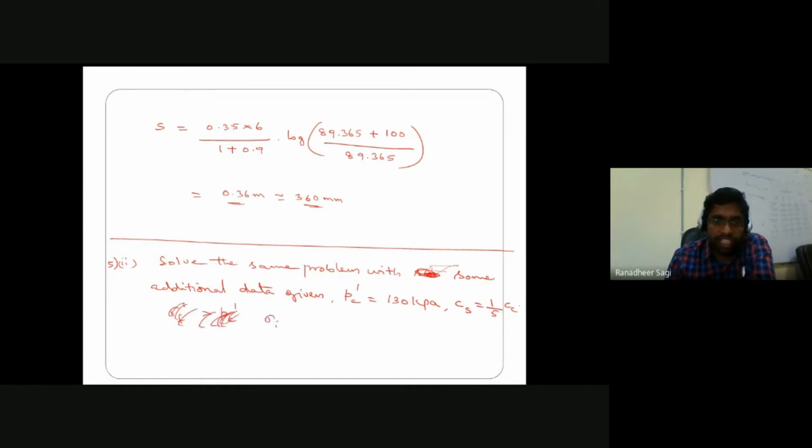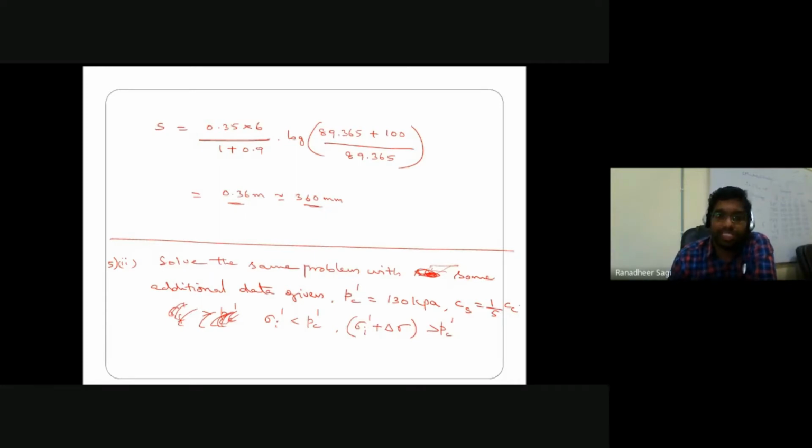What is my initial effective stress? The initial effective stress I am getting is 89.365 kilopascals, which is obviously less than the maximum past pressure your soil has experienced. Am I correct? Next, when a delta sigma increment in stress of 100 kilopascal is added, I see that your final effective stress comes out higher than your pre-consolidation pressure, or your maximum past pressure.